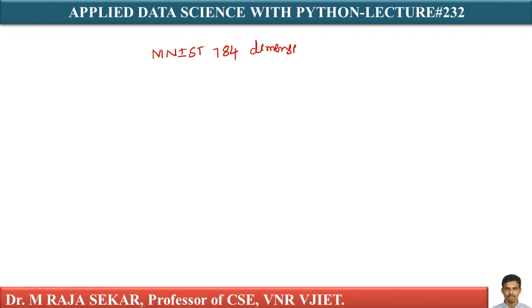I can convert this 784-dimensional data into two-dimensional data by using PCA, and we should visualize it in the next lecture. For now, this is how we do it. We take the top two eigenvectors because we want two-dimensional visualization.